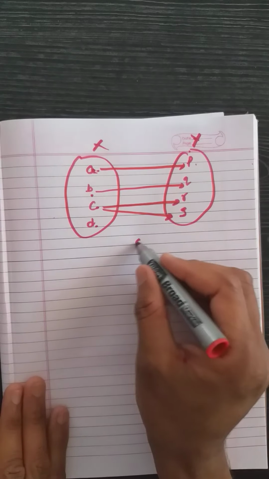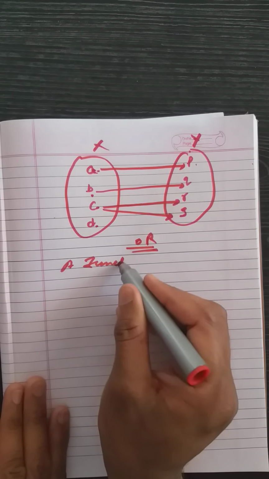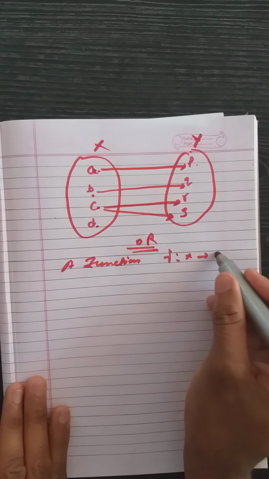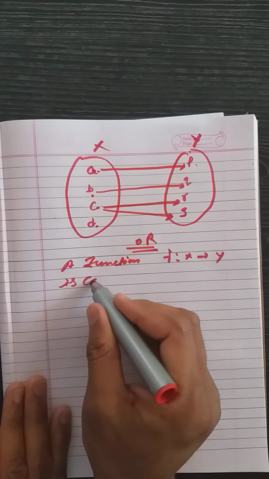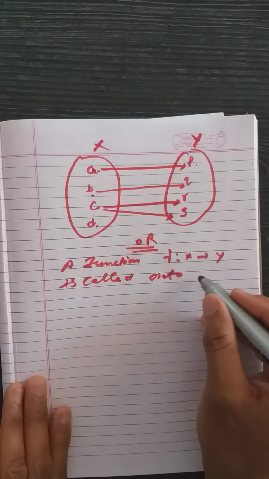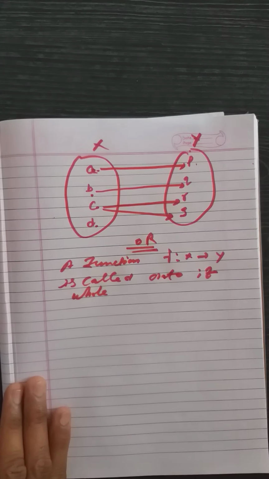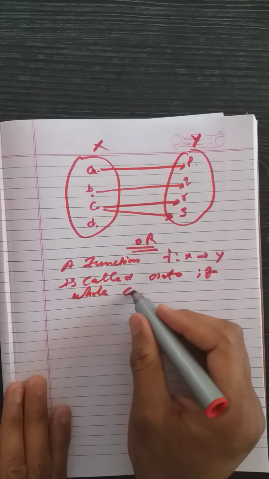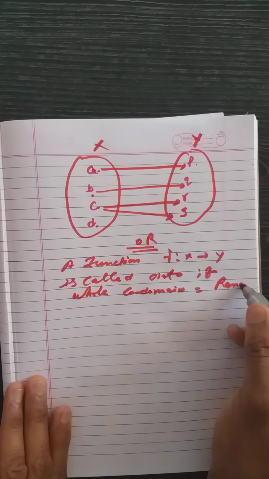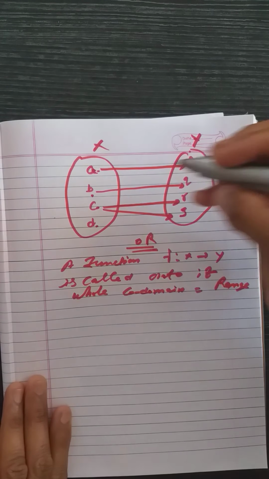You can say a function from X to Y is called onto or surjective if the whole codomain equals the range. Since the codomain is p, q, r, s, all are in the range.